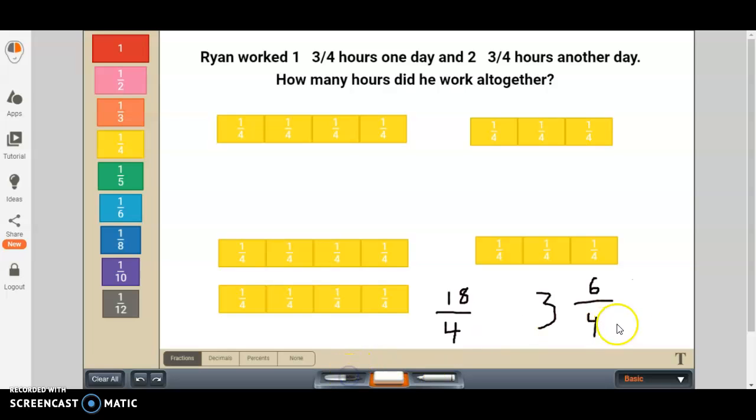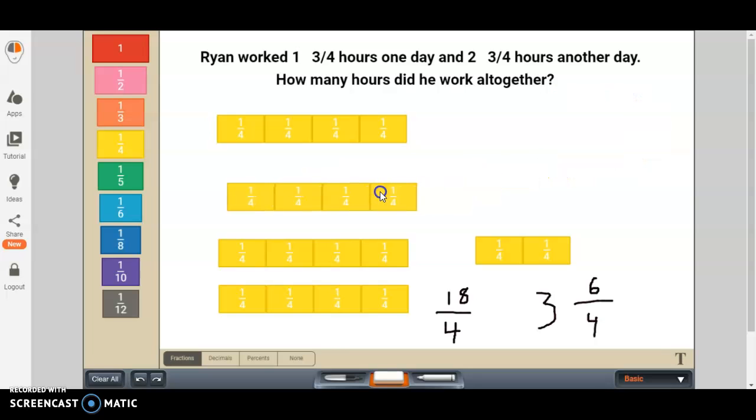But you know what? I have a number larger than my denominator. So this is a warning sign telling me, hey, I can make another whole number here. So let's check. Okay. So I'm moving one of these fractions over here, and I am able to make a whole number.